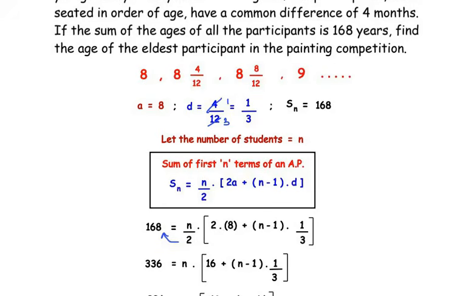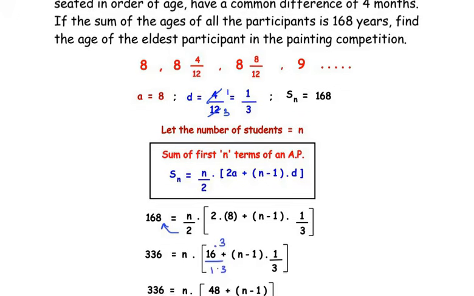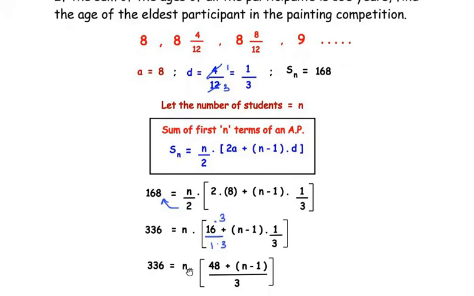Now here in this bracket let us get a common denominator. So 16 can be written as 16 over 1, and we are going to multiply 16 by 3 and 1 also by 3, giving us 336 is equal to n times, now 16 times 3 gives us 48 plus n minus 1 times 1 gives us n minus 1, over a common denominator, that is 3.